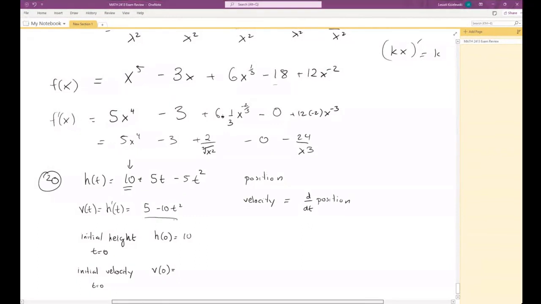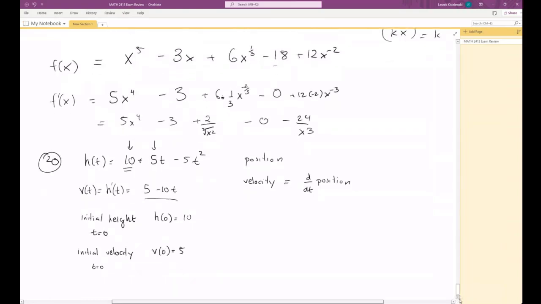Right, so evaluating the derivative at time 0, and I messed up, this is t, we get 5. So the number that multiplies the t term is the initial velocity. And so if you throw an object from 10 meters high at an initial speed of 5 meters per second, that's where that initial velocity would go, in front of the t.